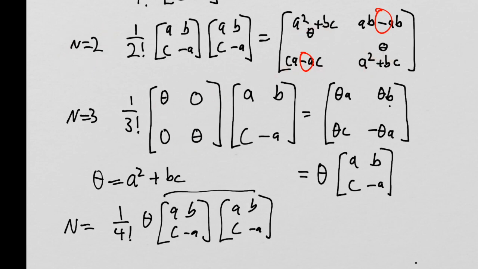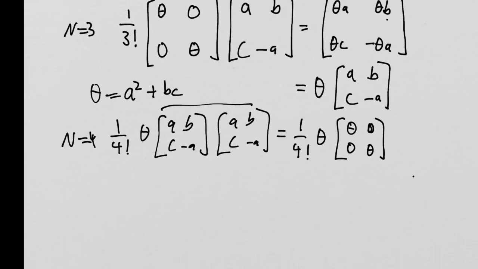So this is going to equal 1 over 4 factorial times theta as a number times the matrix theta, 0, 0, theta, like that. So that's n equals 4.